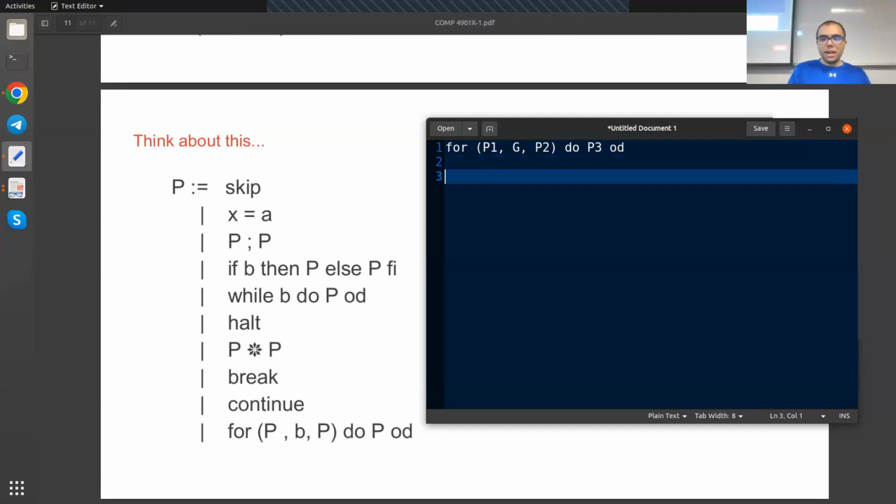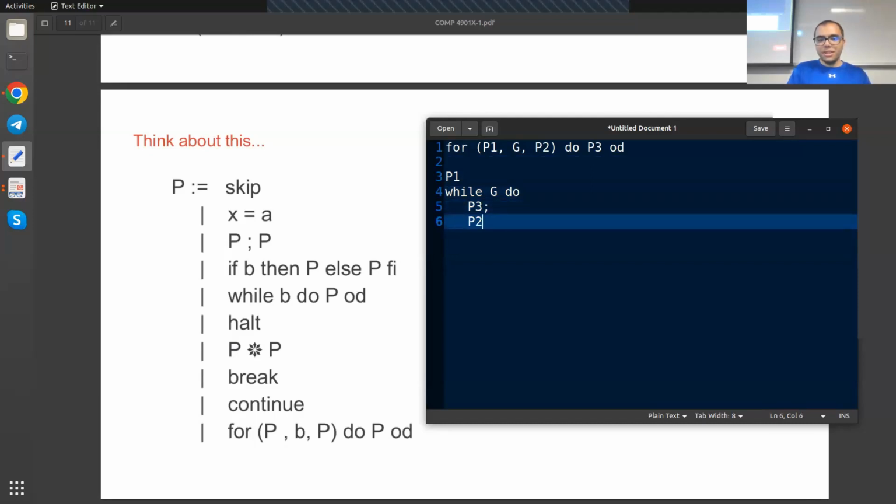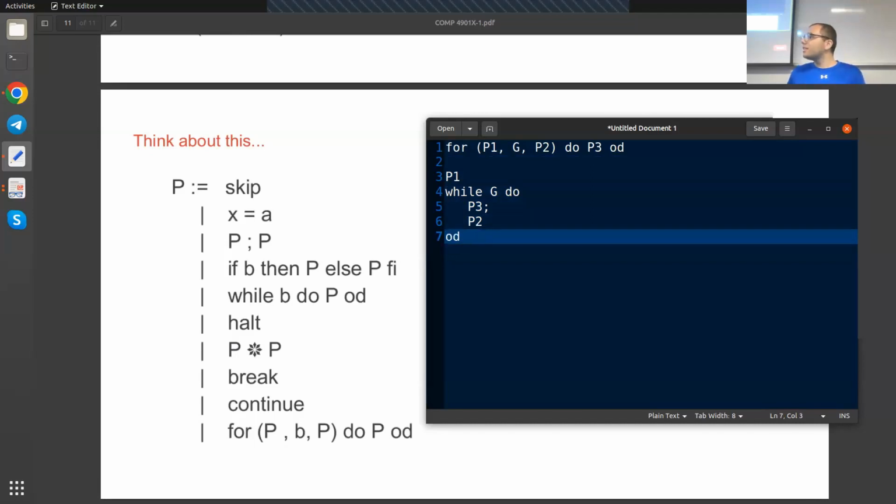So instead of this program, I can basically write P1, and then I can write while G do P3, but then after P3 do P2. And this is the end of my while. So these two programs are basically the same. So I can use this as a rule.